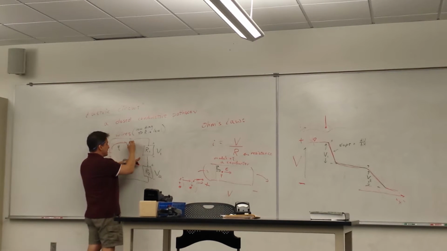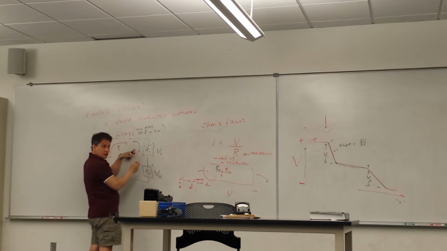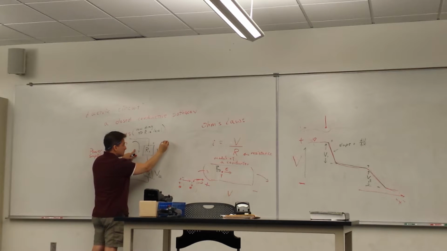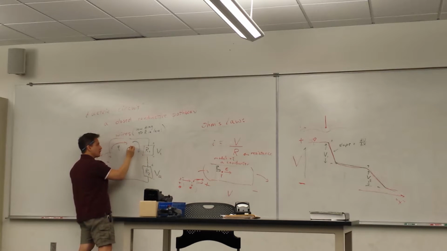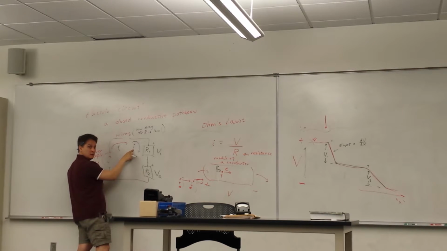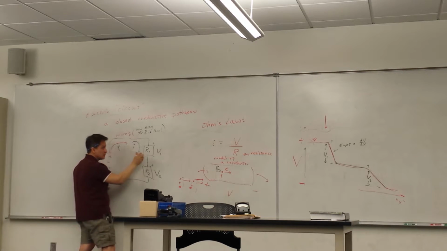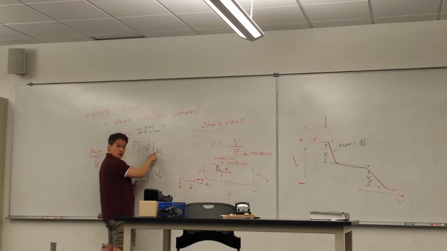So the idea then is the movement of this electric charge, which I'm going to call I, it's dq/dt. It's a rate of movement of electric charge across this region here, if we know its resistance and we know its voltage.